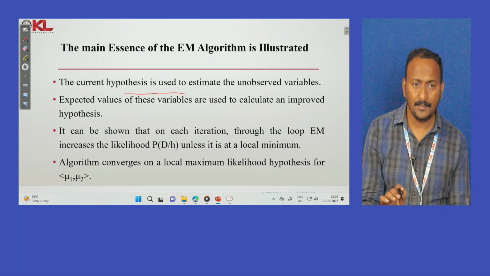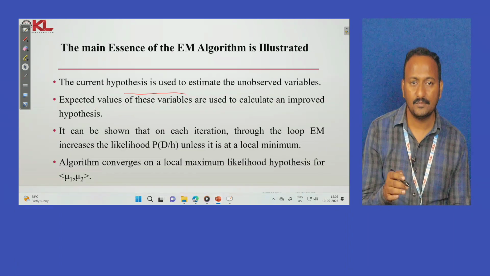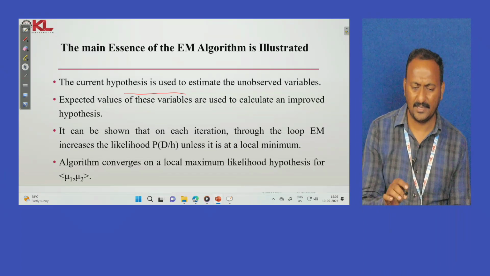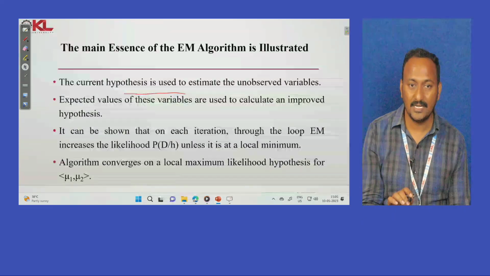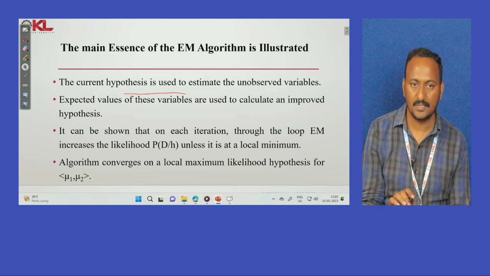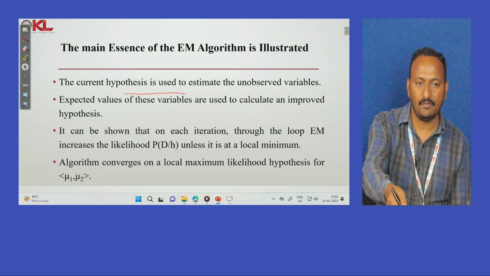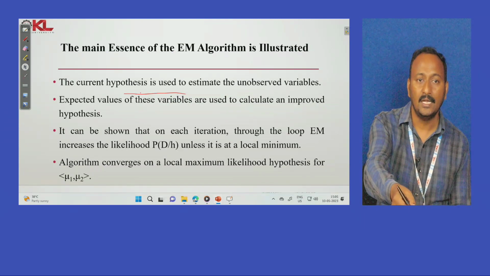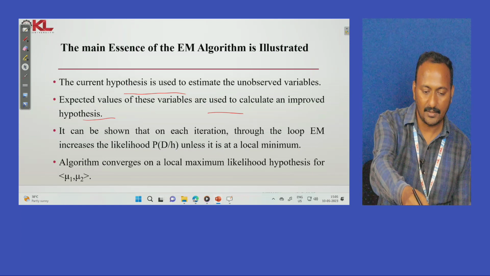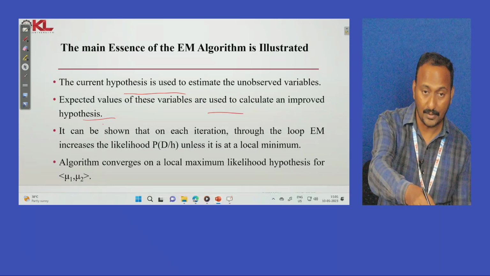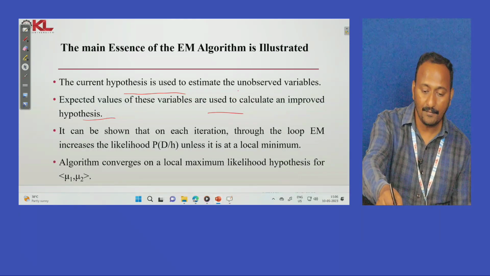In our case, the z values are the unobserved variables. We estimate those values with the help of the current hypothesis. After getting those estimated values, we calculate the improved hypothesis.